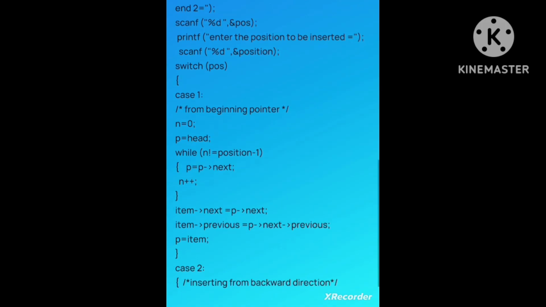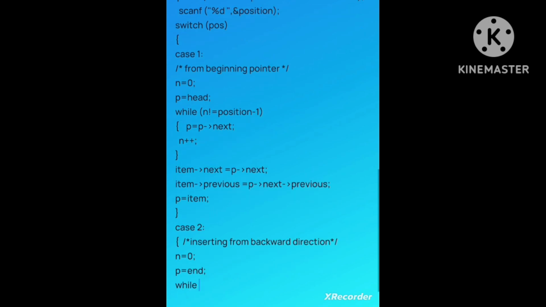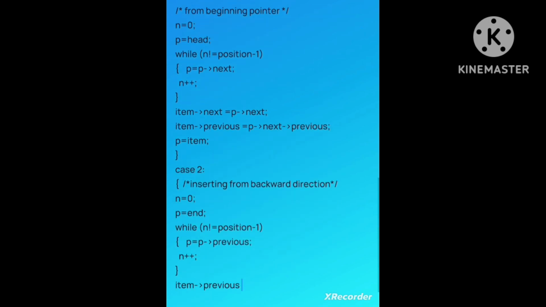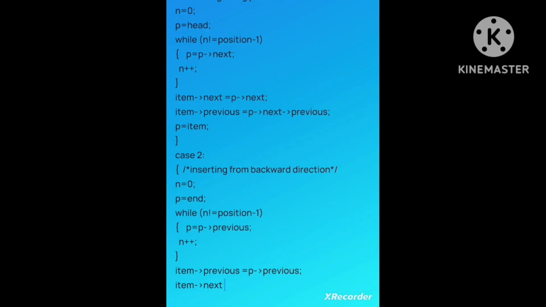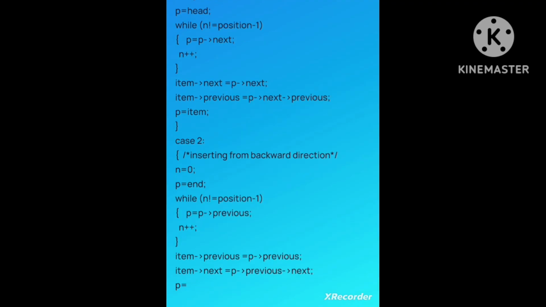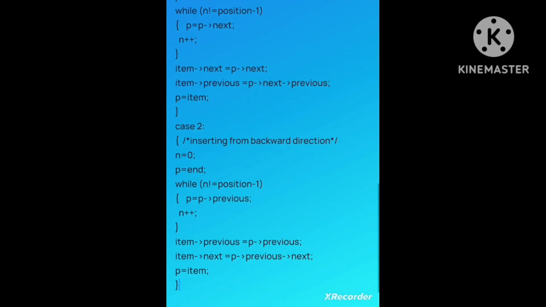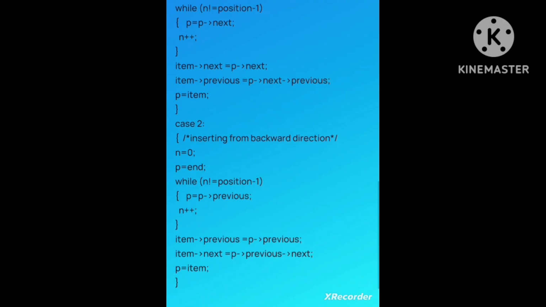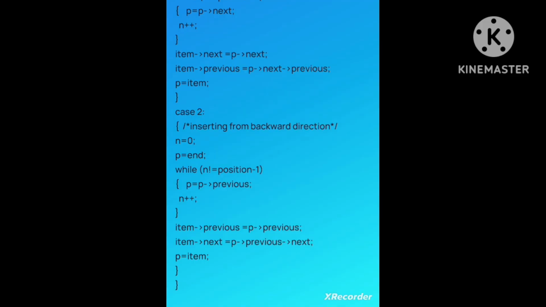For the second case, we will traverse our list using the previous pointer till the node prior to the specified position, and then first of all we will link the previous pointer and then link the item's next to p's previous's next, and p will now become the item node. So in this way the insertion operation is performed on a doubly linked list.